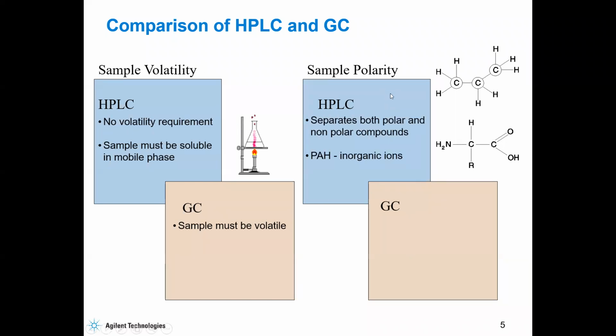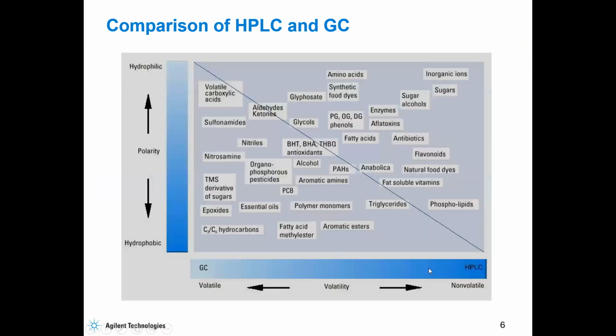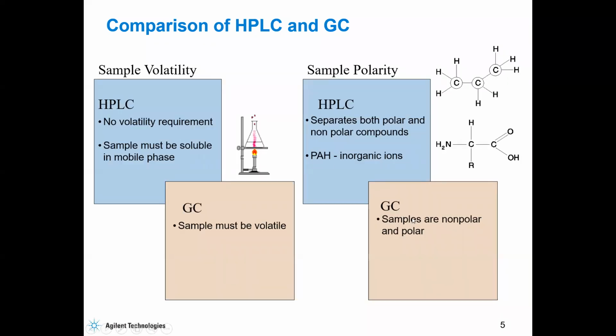Then in terms of sample polarity, HPLC can separate both polar and non-polar compounds. It can separate inorganic ions and organic ions. But GC can only separate non-polar and polar compounds.